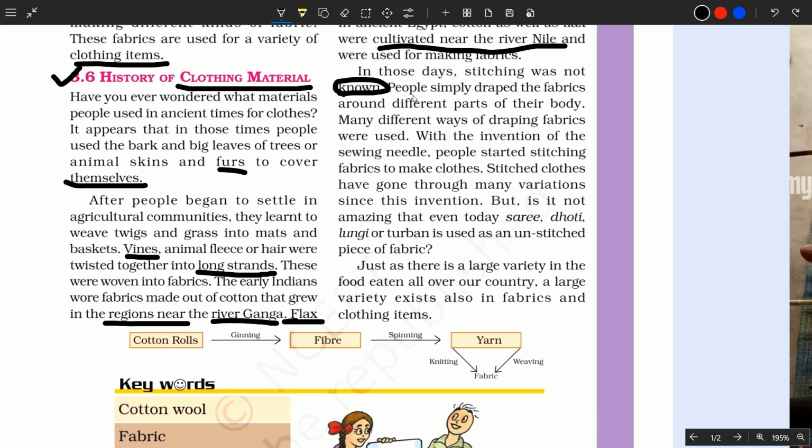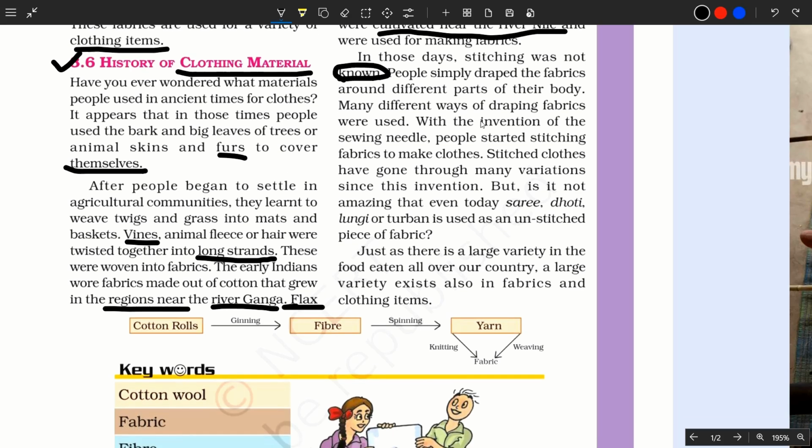People simply draped the fabrics around different parts of their body. Many different ways of draping the fabrics were used. In ancient years they used to drape cloth, wrapping it around the body as needed to cover it.